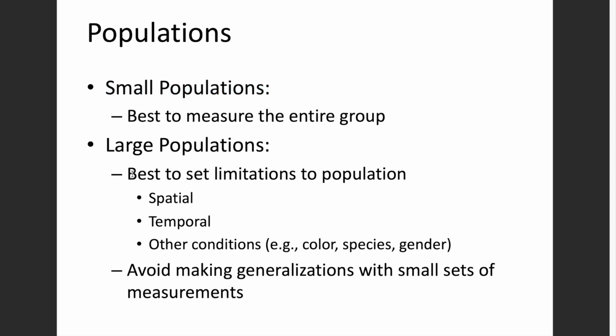Now, what will we do if we are studying a large population? It is best that we set limitations to limit this large population. For example, we set spatial or temporal or other delimiters to our population to avoid making generalizations with small sets of measurements. So we tend to delimit them.